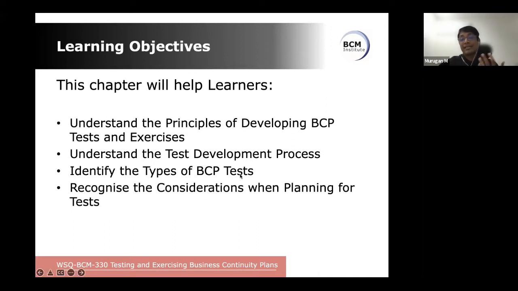Now, understand the test development process, okay? Identify the type of test. So this is where you will actually have a yearly plan, okay? Not as and when required, but usually what we will do when we do consulting for clients is create a 3-year testing and exercising plan, all right?